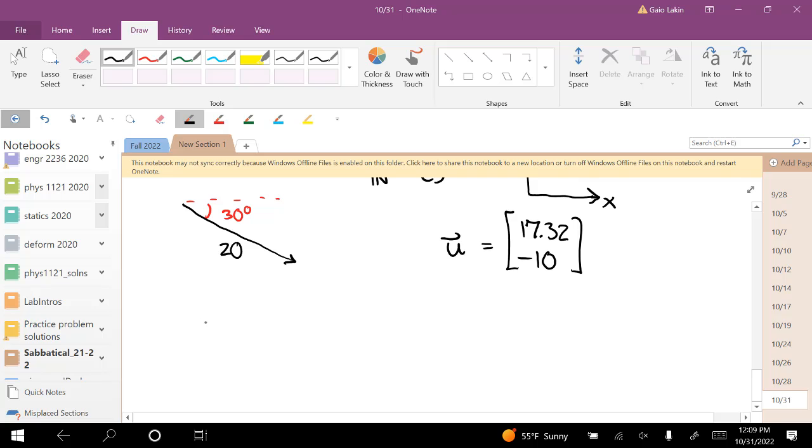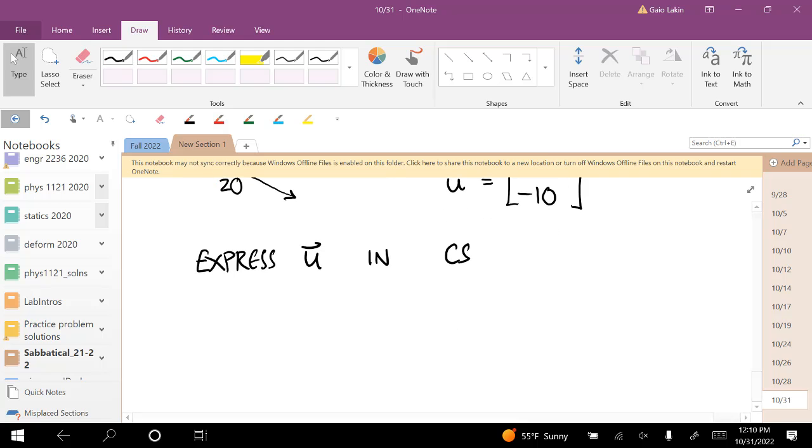So now express this vector U in the new coordinate system where this angle is 30 degrees.